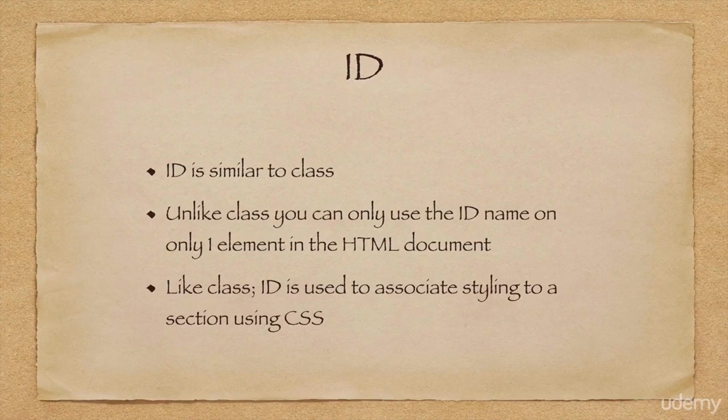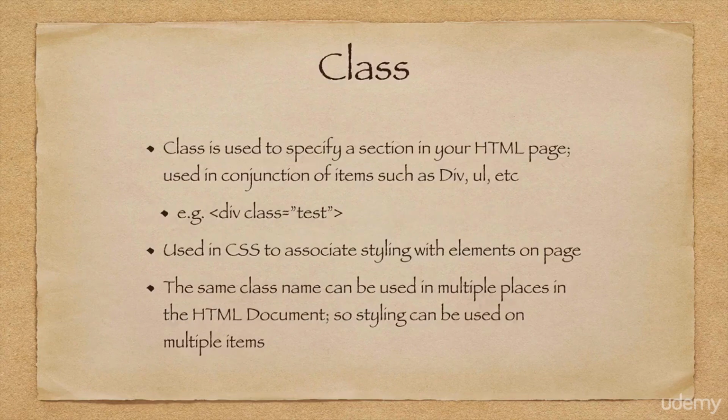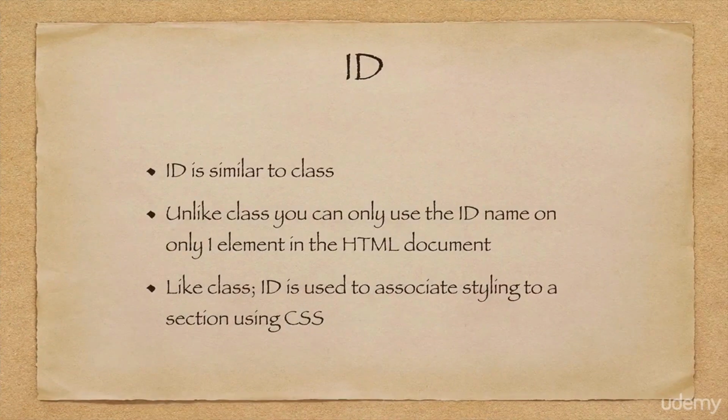Next we look at ID, and ID is similar to class, but unlike class you can only use the ID name on one element in the HTML document. So if we associate a div with an ID, then it could only be used once, and it's a very similar format to class, except whereas in the previous we have that div class equals test, we'd have div ID equals test.